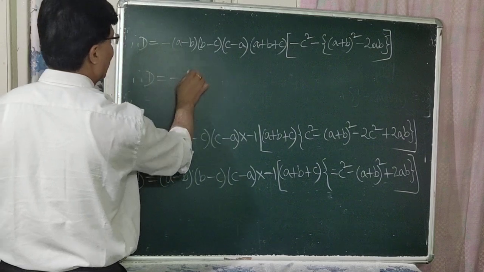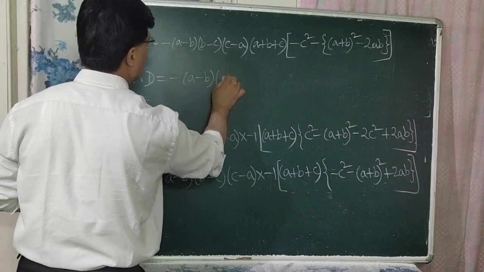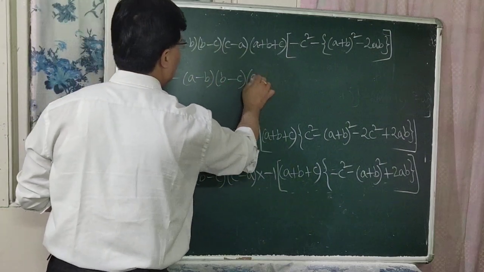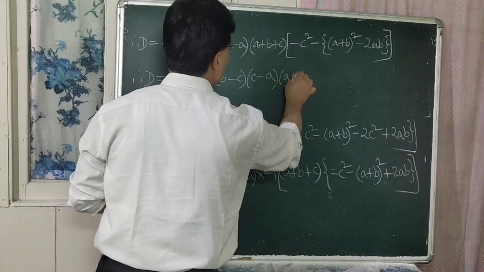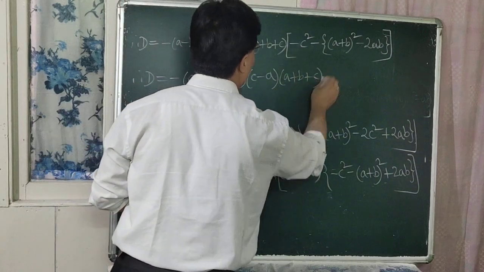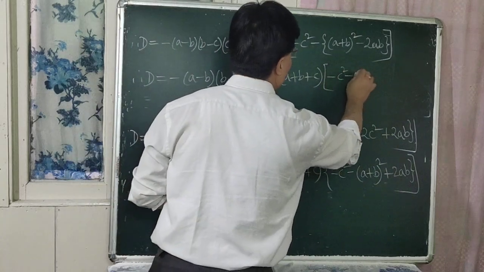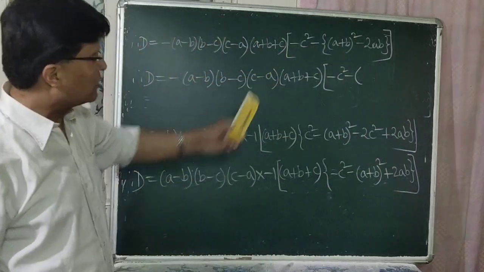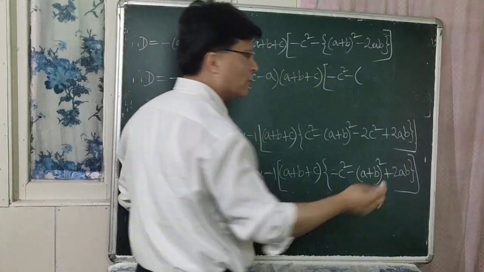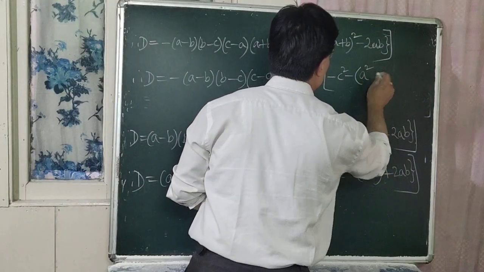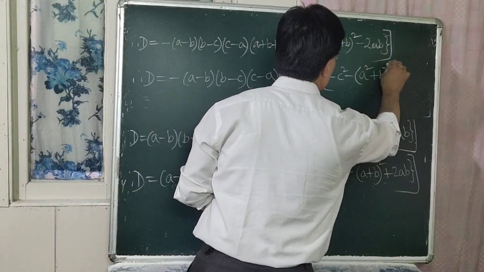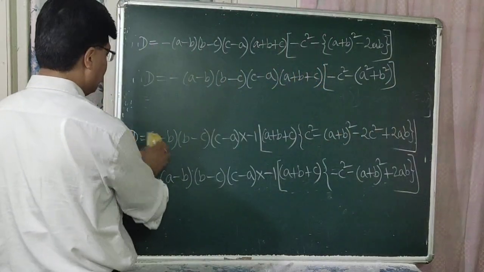Therefore D is equal to minus (a minus b)(b minus c)(c minus a) into (a plus b plus c). Then within third bracket, write down minus c square minus within bracket. What is the formula out here? What is (a plus b) whole square minus 2ab? This is a square plus b square. This is the formula.